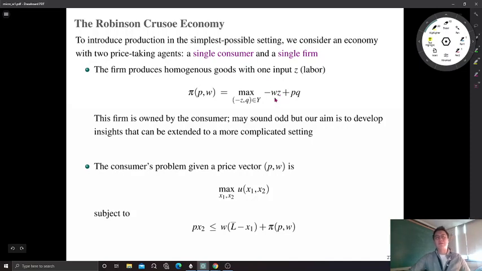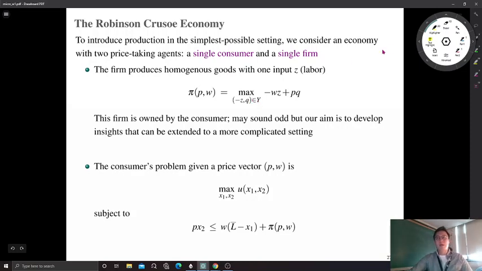So we need to subtract that cost from the accounting profit. And the firm's revenue is p times q. So we have an expression for accounting profit, and the firm wants to maximize this. But this plan, negative z comma q, once again, z is an input, so we usually put a negative sign in front. So negative z comma q should be feasible, so should be an element of the production set Y.